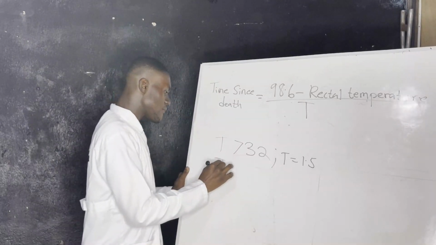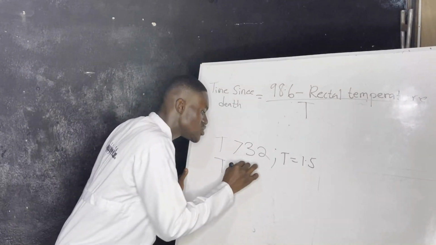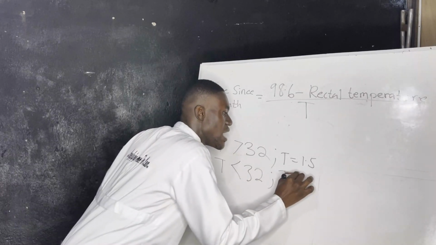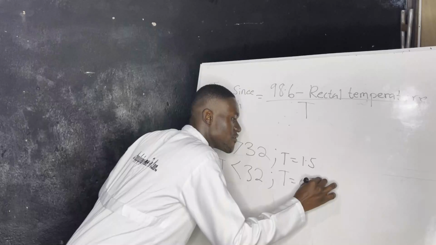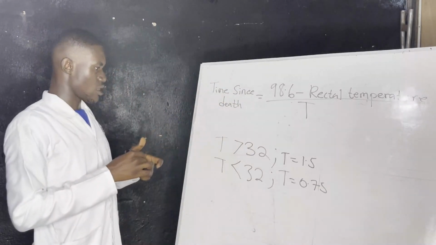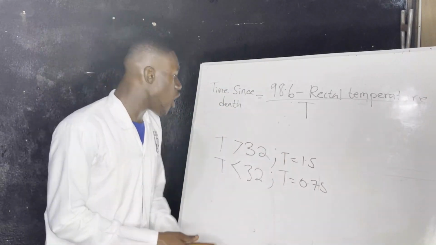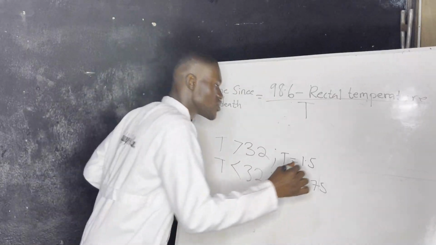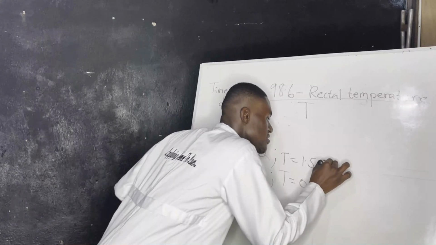Also, when T is less than 32, then T is 0.75. You also have to know that all these calculations are in degrees Fahrenheit.